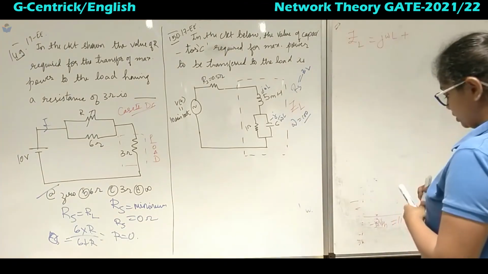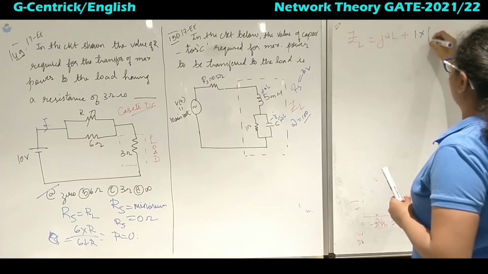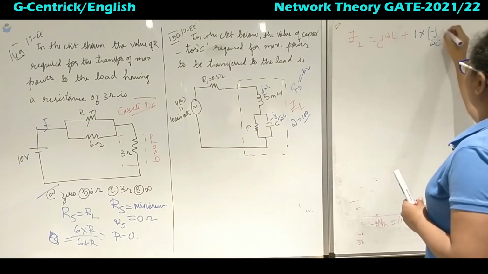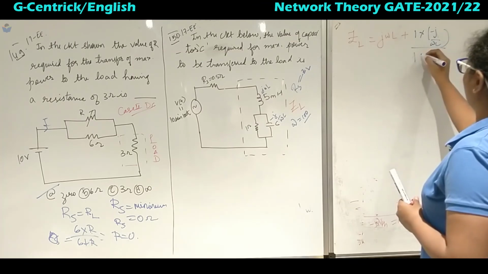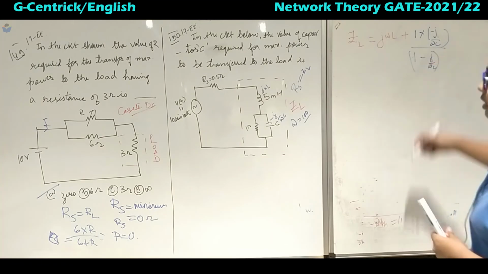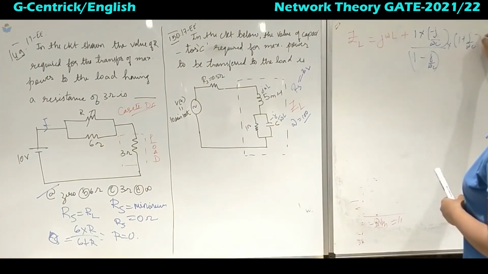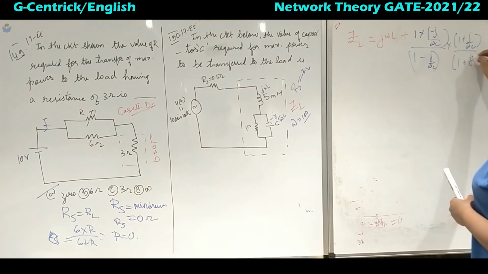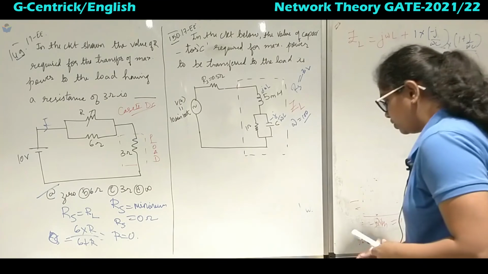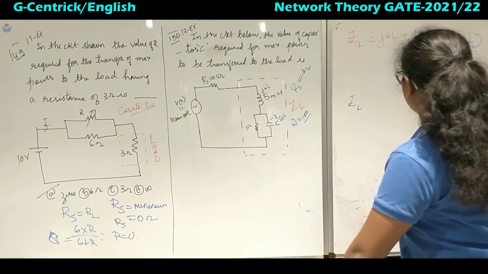So plus you will get 1 into minus J divided by omega C upon 1 minus J by omega C. So we can rationalize the denominator, 1 plus J by omega C divided by 1 plus J by omega C. Okay, so in this case you will get ZL equal to, I will write the direct answer for this one.